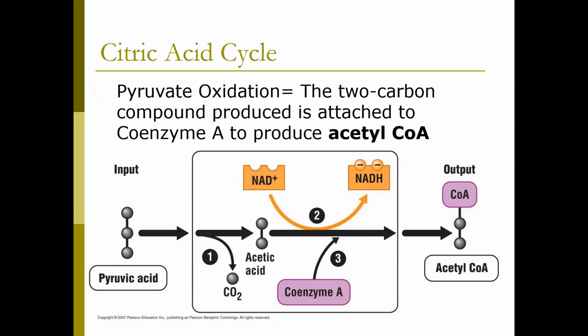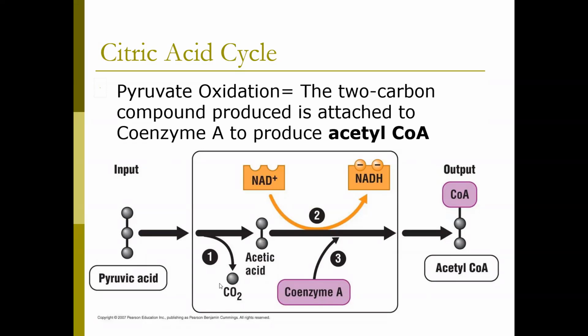So pyruvate, our 3-carbon chain input, is going to undergo a reaction where the products are carbon dioxide as well as acetic acid. Acetic acid is a 2-carbon chain molecule.